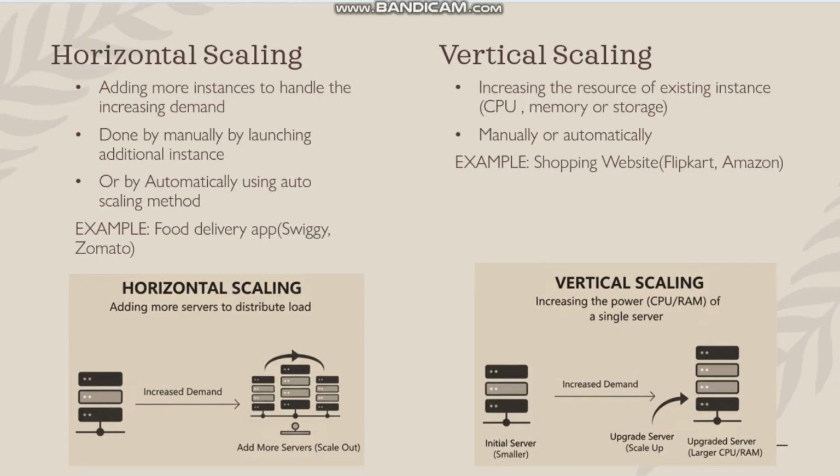If we take a food delivery app like Swiggy or Zomato, during normal hours the number of users is at a moderate level, but during lunch or dinner time the users increase. At that time, it will automatically scale the instances to handle the demand.